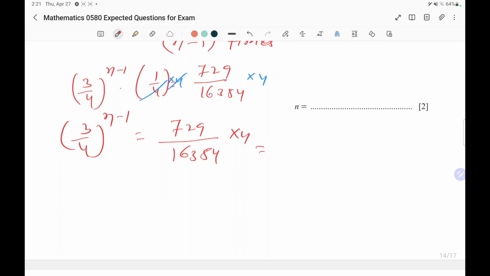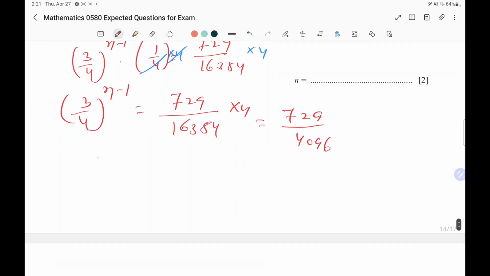This is 729 times 4 over 16384, that is 729 over 4096. Now this is (3 over 4) to the power n minus 1, and this is definitely 3 over 4 to the power something, but we don't know what it is. So we can use the hit and trial method.